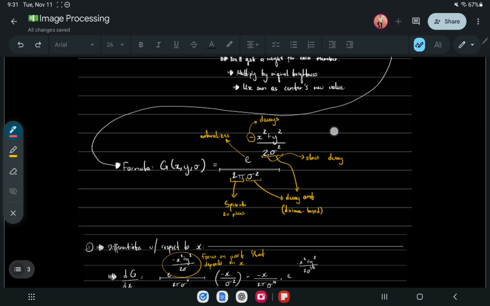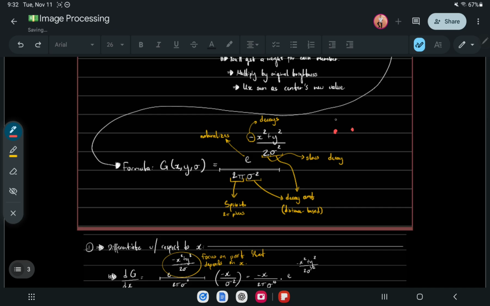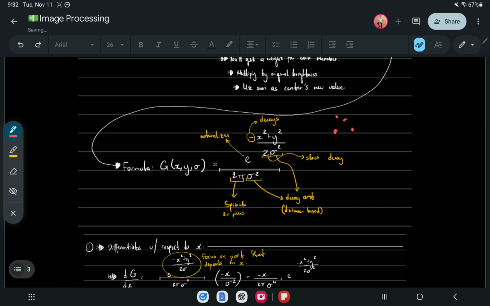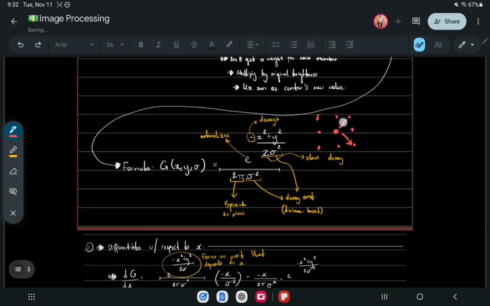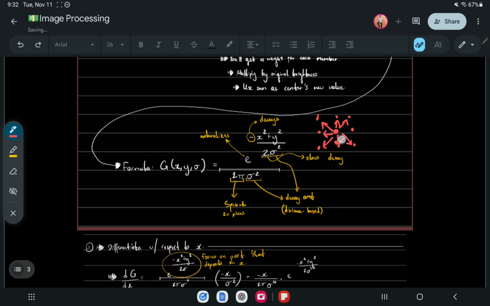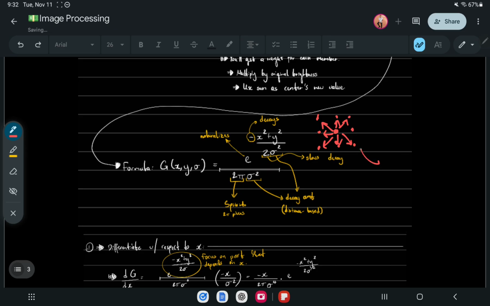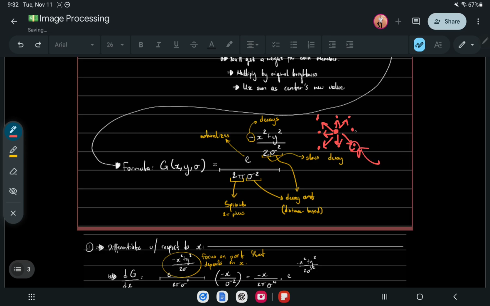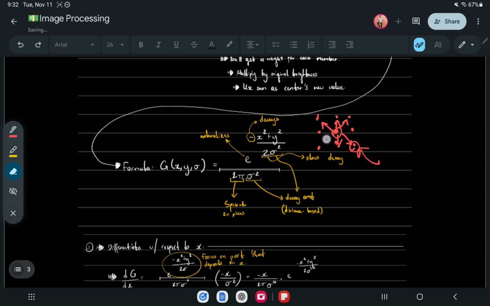You're in the center, and then you have neighbors, like a square. In the center you have the strongest weight. As you move outward, your weight decreases. The function tells you how much the weight decreases by. You put in the coordinates of a point, and it tells you the weight of that point based on the reference point.